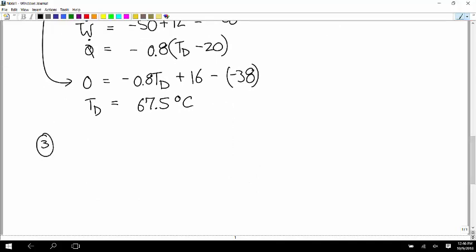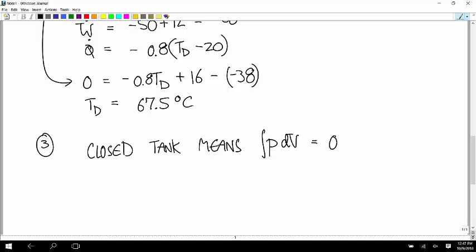Number 3, so gas is contained in a closed tank. The closed tank means the integral of PdV is equal to 0 because the volume is constant.